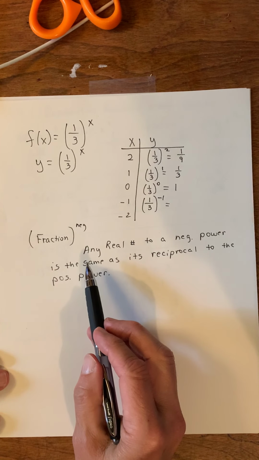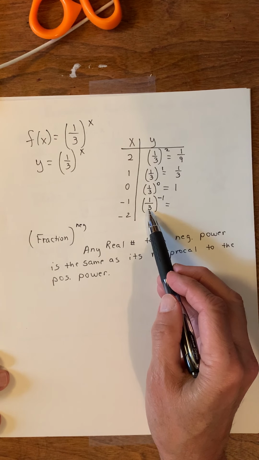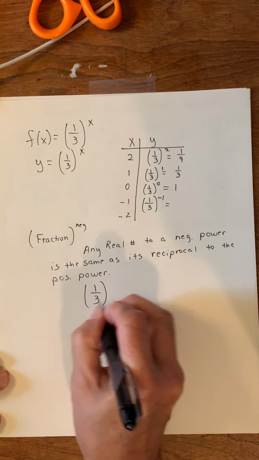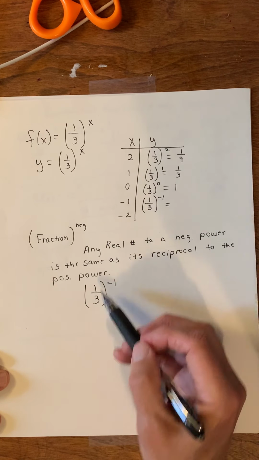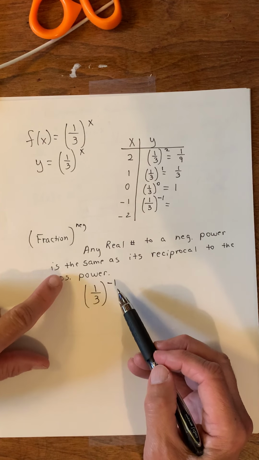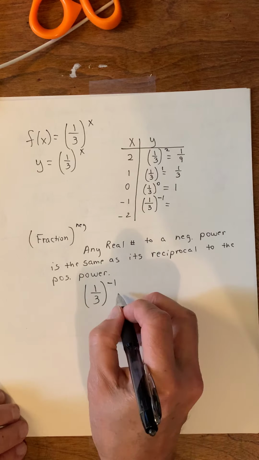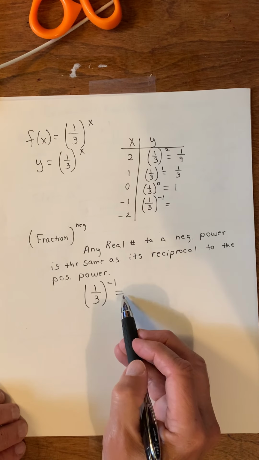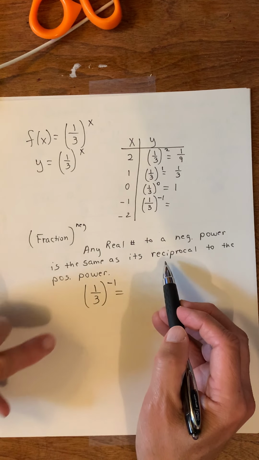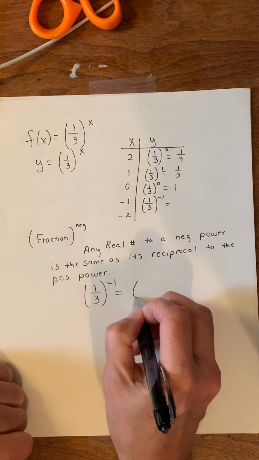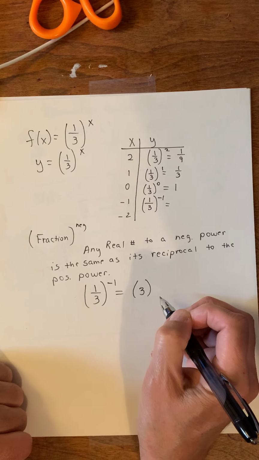We're going to use a real number, real world example, this one right here. Any real number to a negative power, that's what we got here, any real number to a negative power is the same as, and you know mathematically that means equals, is the same as its reciprocal. What's the reciprocal of 1/3? 3/1, or just 3.